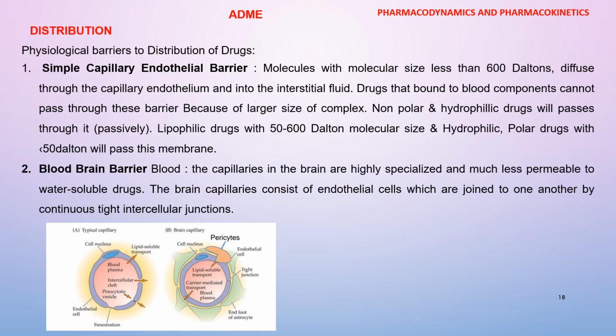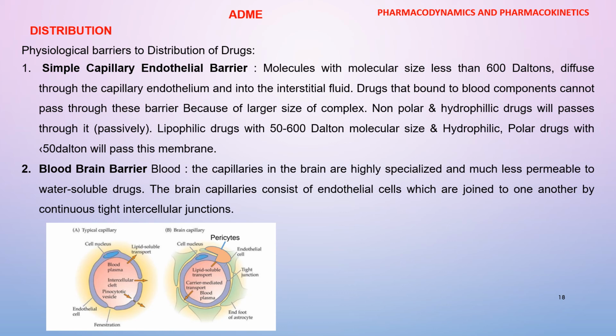There are certain physiological barriers too that prevent the uniform distribution of drug components from the intravascular system into the extravascular system. For example, the capillary endothelial barrier, blood-brain barrier, cerebrospinal fluid barriers, and placental barriers. First, simple capillary blood endothelial barriers.